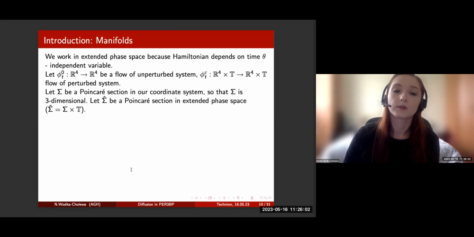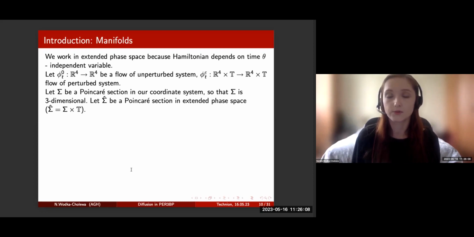Okay, and we will denote by sigma a Poincare section for our coordinate system. So it's a section for the first return map. Okay, so the standard Poincare section, and it's 3-dimensional, of course, because we work in 4 dimensions, and sigma hat will be the Poincare section in extended phase space.